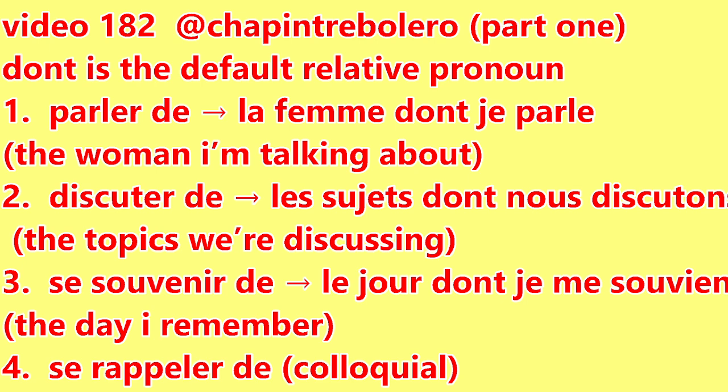We're talking about the woman, and then we need to connect that woman to je parle. Tu parles de quoi? Of that woman. La femme dont je parle. The woman of whom, of that, whatever makes it easier for you.